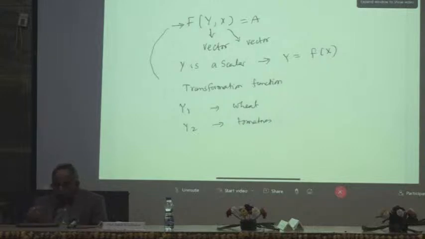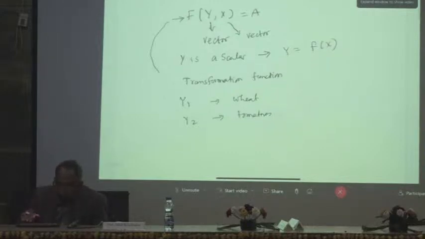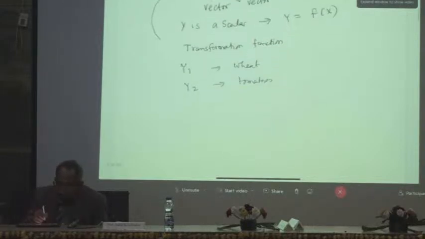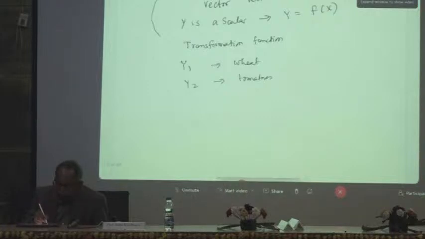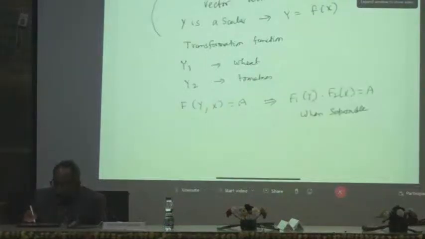Okay. To make some simplification for f, you can think in terms of f of y1, y2, x, and write it out like this, and then f2 is the input function.